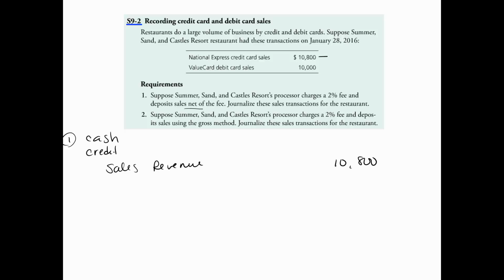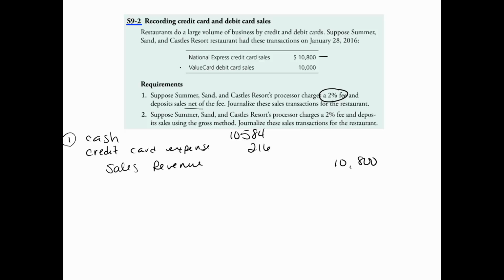I debit credit card expense for 2% of the credit sales, which comes out to $216. The difference is the cash deposited in my account, $10,584. So the sales are recorded for $10,800, but the cash deposited is only $10,584, and the difference is that fee.